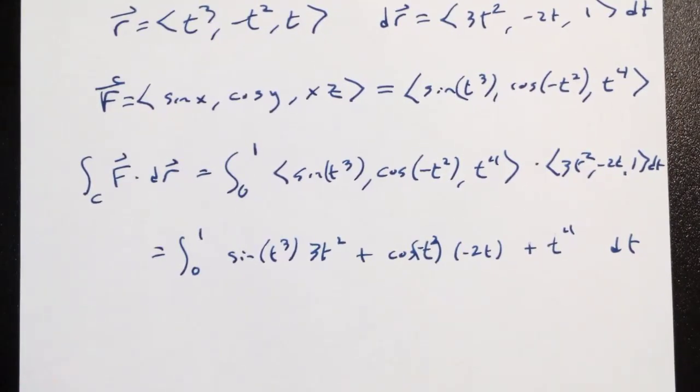So I'm going to get sine of 1 minus sine of 0, plus cosine of 1, negative 1 minus cosine of 0. And then t to the fifth over 5, 1/5 minus 0.